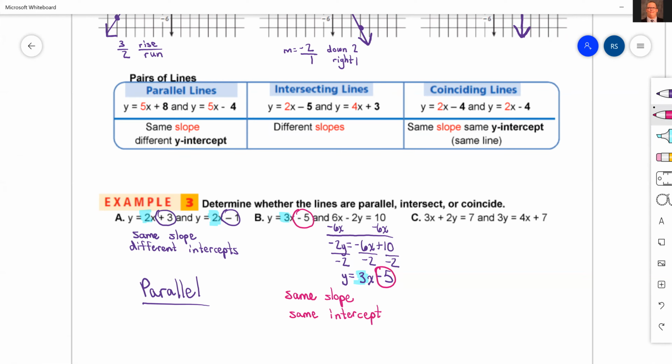So which one has the same everything? Coinciding. Coinciding means they're the same line. As we can see, these are the same line. Once I worked my magic, they came out to be the same.